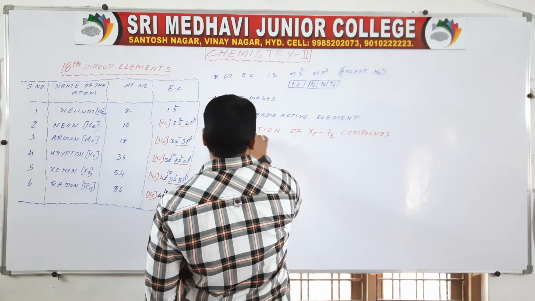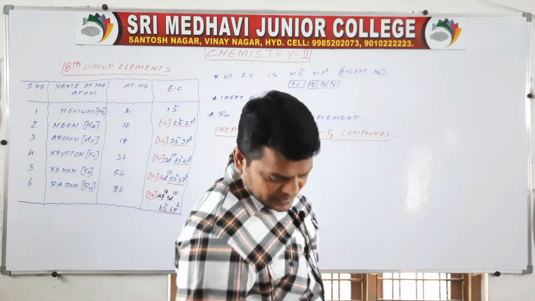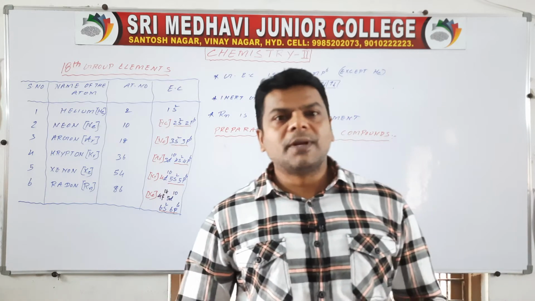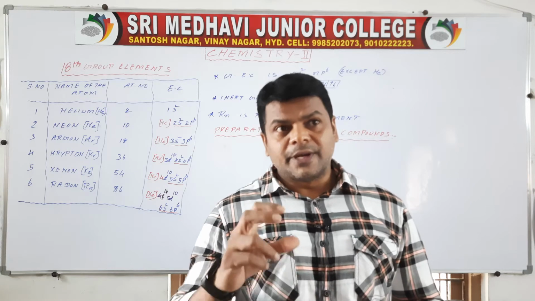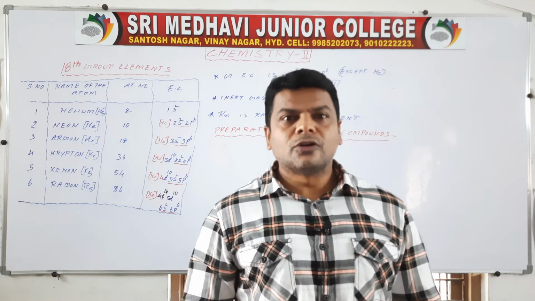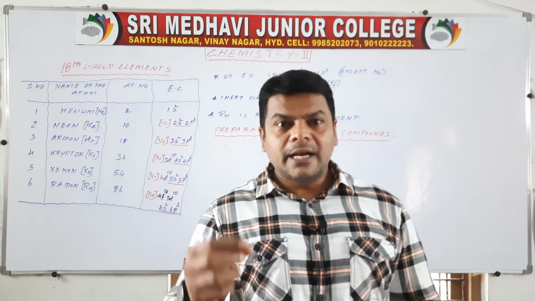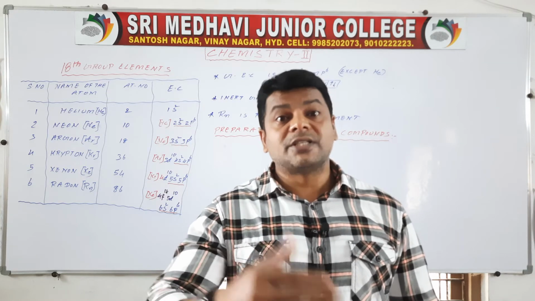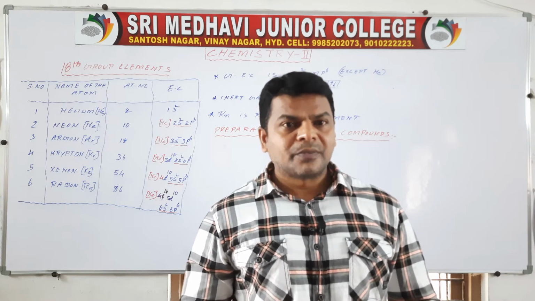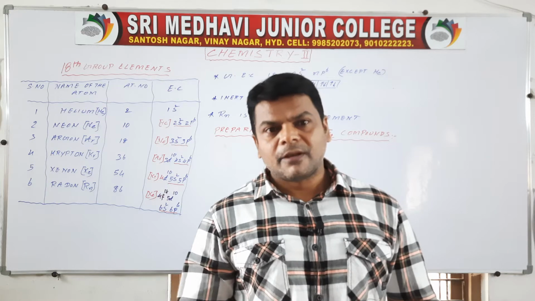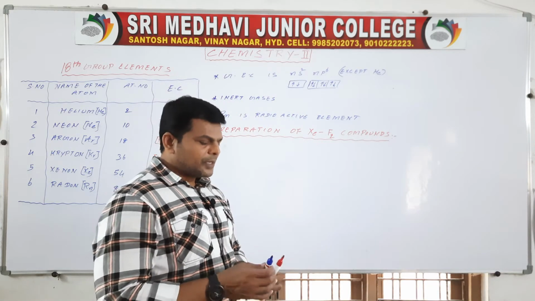Noble gases are inert gases, but if you give energy, 1800 to 2000 kilojoules per mole, then electrons present in the xenon atom have a chance to be excited. So xenon reacts with fluorine forming some compounds. They are nothing but xenon fluorine compounds that we are going to discuss.